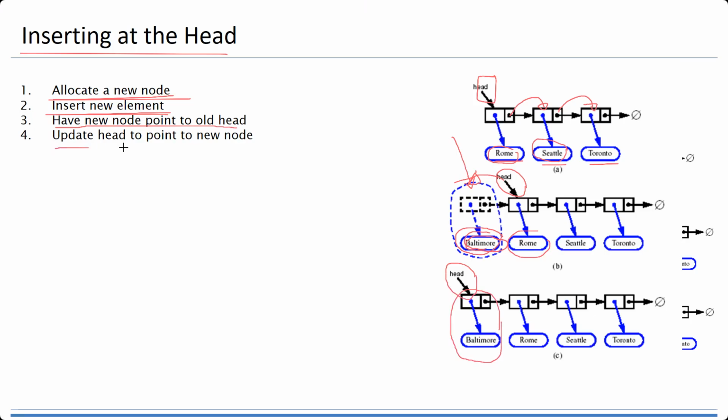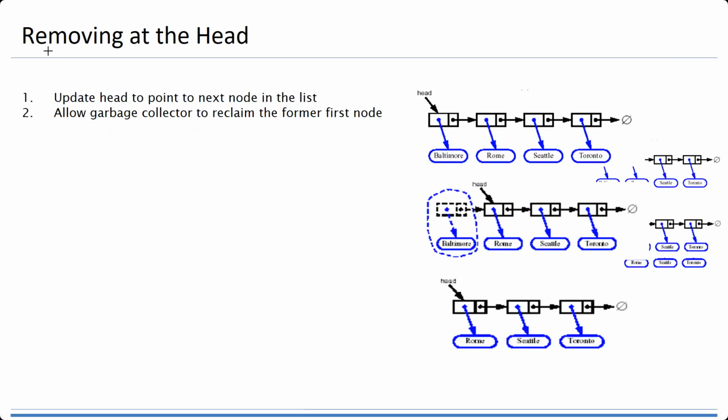So we can have the update function to shift the head from the previous node into the new node. Remove. Remove means delete. We want to update the head to point to the next node in the list.